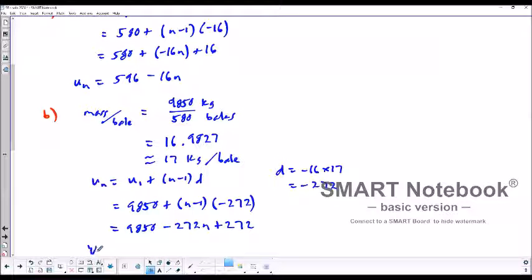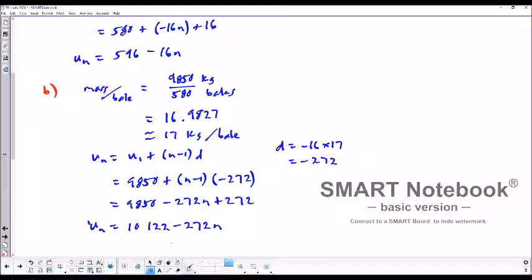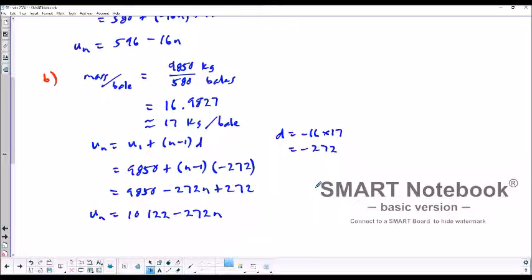So the general term is going to be 10,122 minus 272n. Okay, so that will be the sequence that represents the approximate mass of the hay that's remaining after n days.